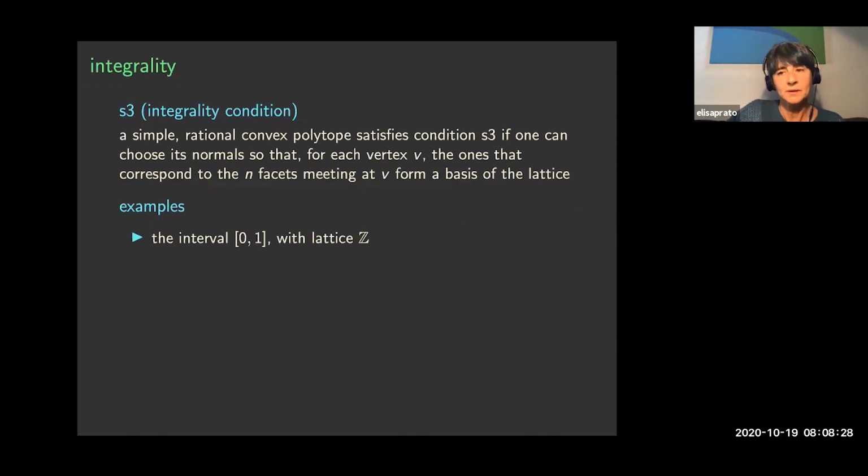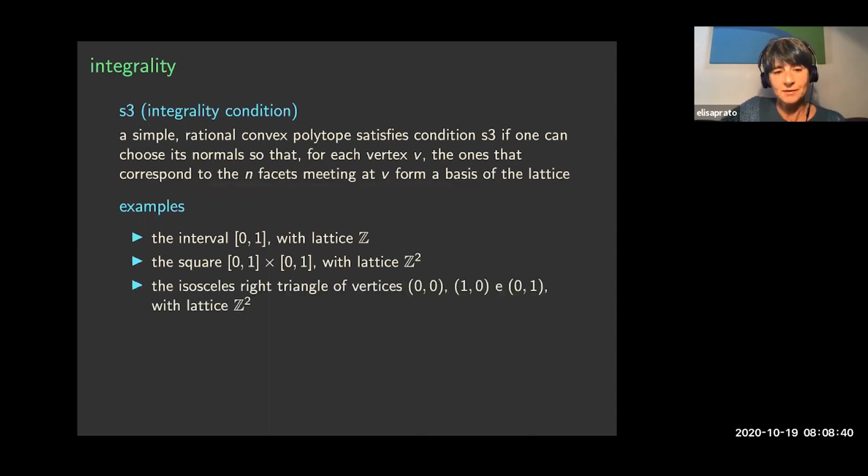So I'm going through a list of simple examples: the interval [0, 1] with lattice Z, the square with lattice Z², the isosceles right triangle of vertices (0, 0), (1, 0), and (0, 1) with lattice Z².